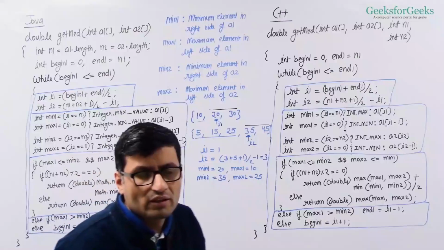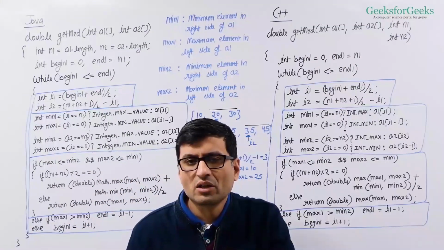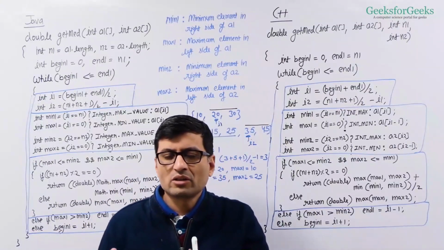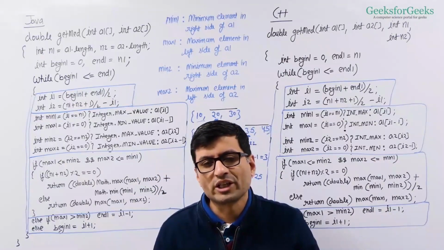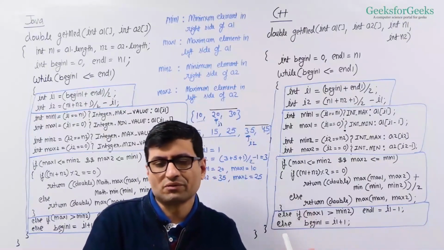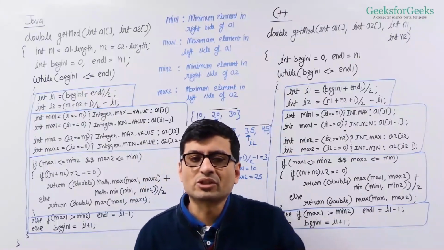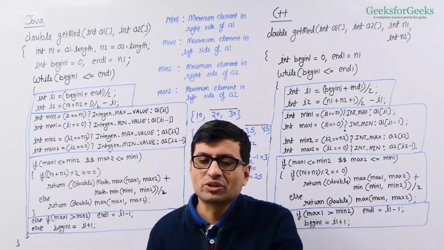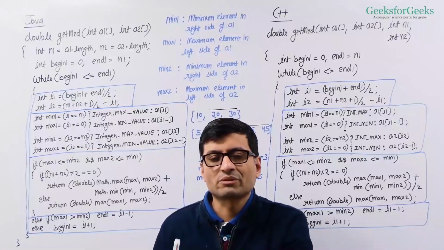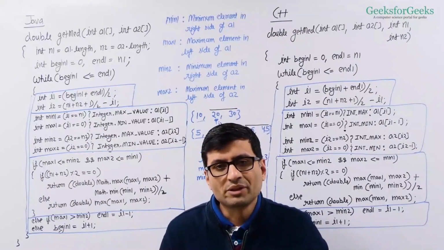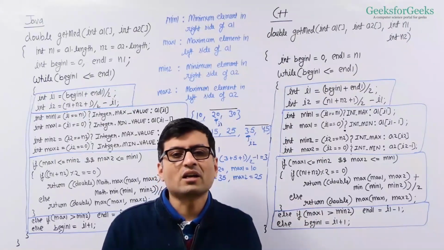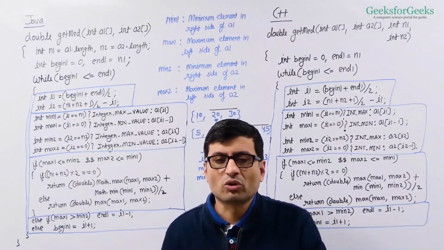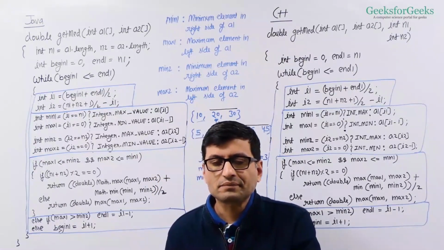Please note that, as we discussed earlier, we maintain two sets of equal size. The first set contains the left elements of A1 and left elements of A2, and the second set contains some right elements of A1 and some right elements of A2. We stop our binary search when all the elements in the left side are smaller than or equal to all the elements in the right side.